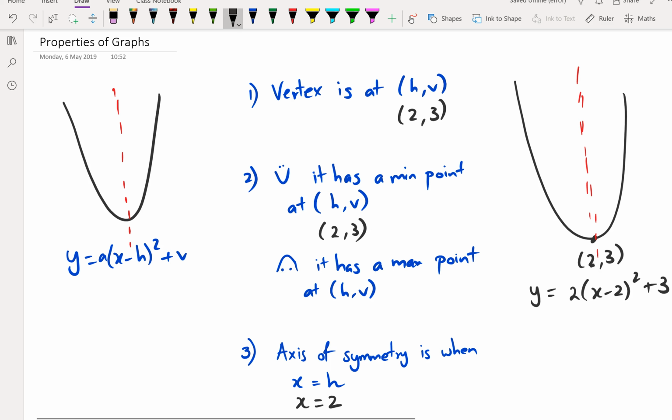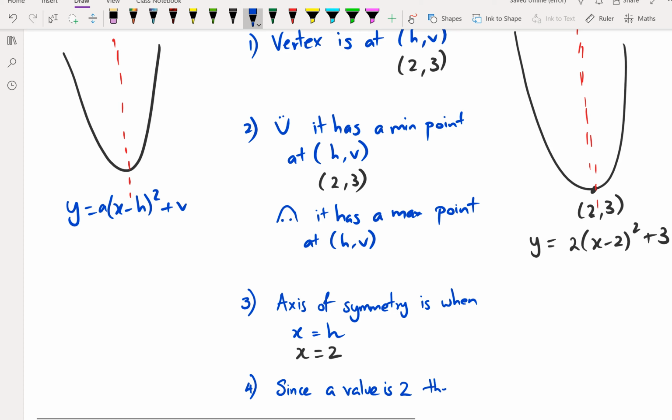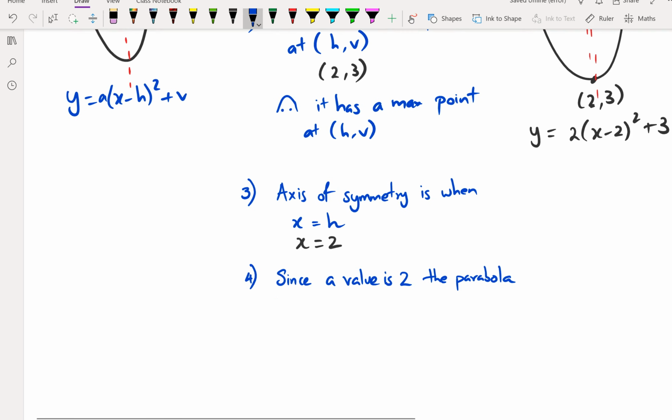Okay? And the last thing for a parabola that's really worth noticing is the a value. In this case, the a value is 2. So you can say something like this: since the a value is 2, the parabola will be skinny.